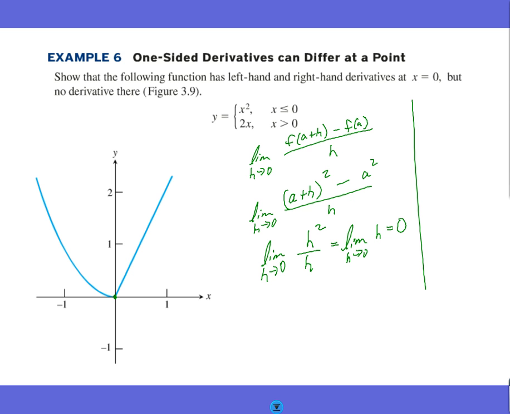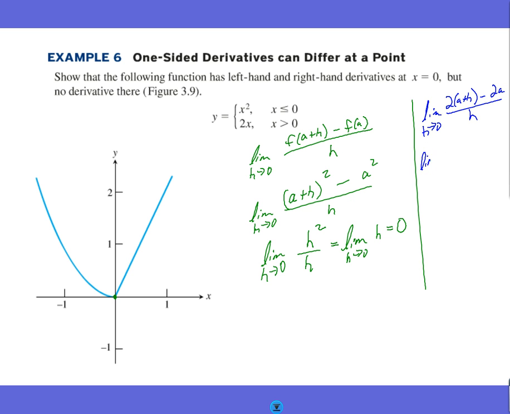On the right-hand side, it's going to be the limit as h goes to 0 of 2 times a plus h, minus 2a, all over h. Now a is 0, and I plug that in.